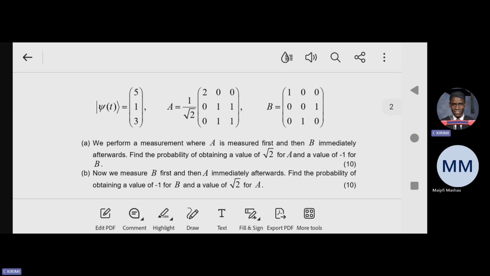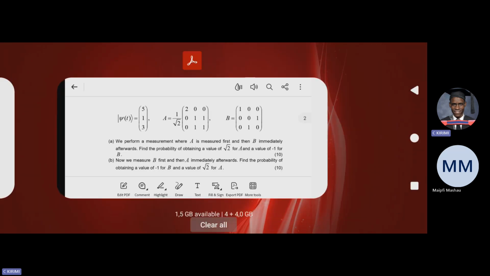So we find the probability of obtaining a value of root 2 for A and a value of -1 for B, starting by measuring A, then B. Now we measure B, then A, immediately afterwards, finding the probability of obtaining a value of -1 for B and a value of root 2 for A. So the values are still the same, only the order of measurement changes.